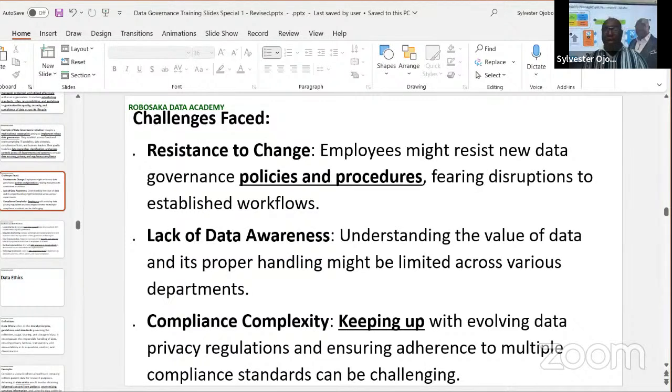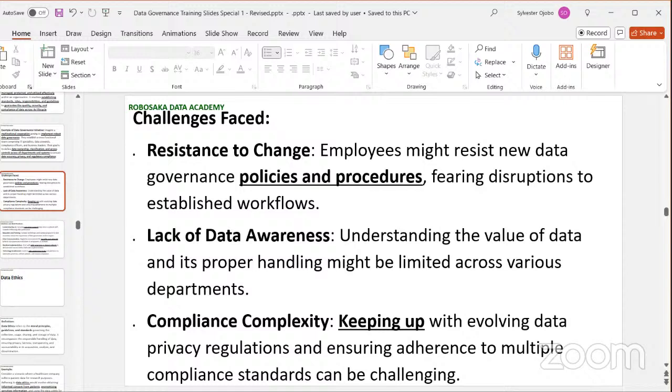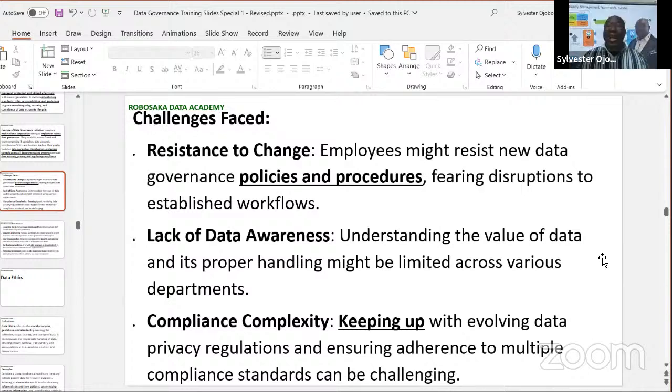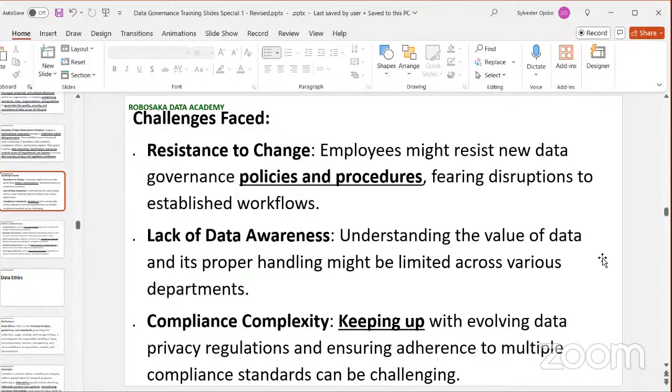Best practice. What can we do? So we mentioned training the other time. Training your staff, and try to update yourself with recent changes.